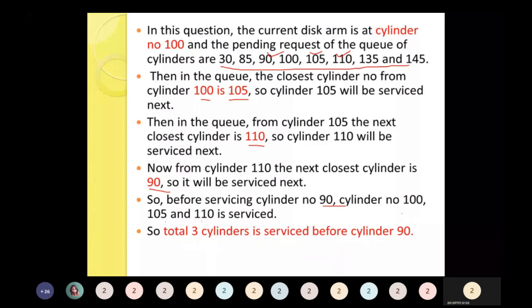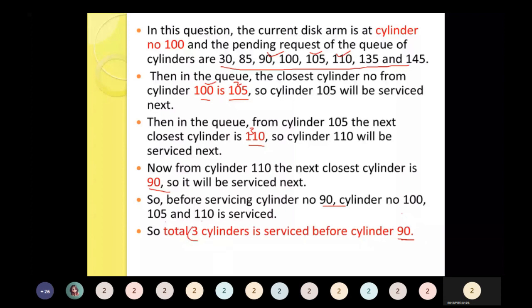Our current position is 100, this is the second, and this is the third. So a total of 3 cylinders are serviced before 90, which is the fourth request. So my answer is 3 cylinders.